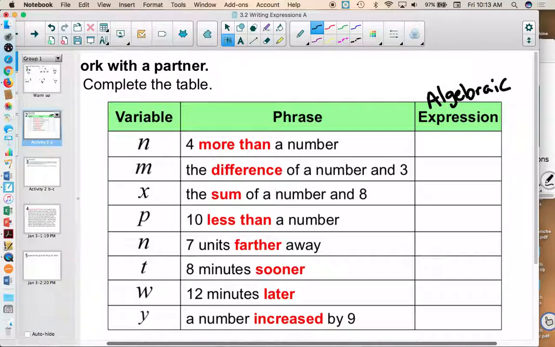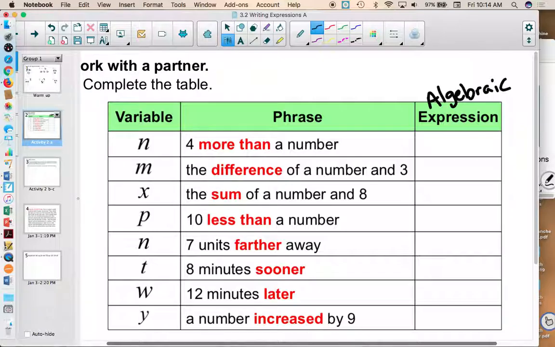Making sure we learn the math language. So, 4 more than a number. 4 more than a number n. Because they say we got to use the n. Roper. No, sir, it's not n to the 4th power. Good try. I want 4 more. 4 more than the number, and I'm going to ask Kaylee.